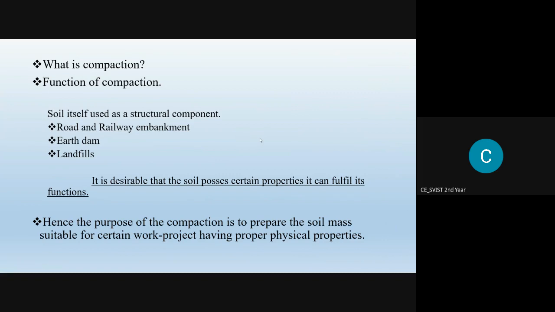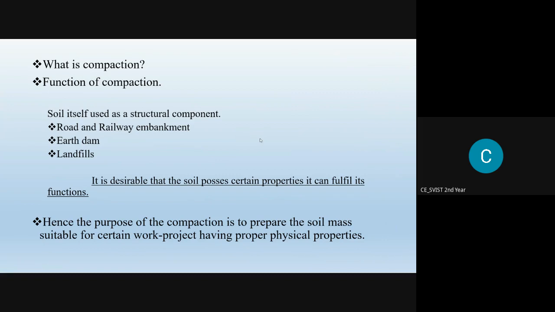So what are the functions of the compaction? কেন এটা লাগে? We have seen that in case of roads, earth dams or landfills, a huge amount of soil is used.